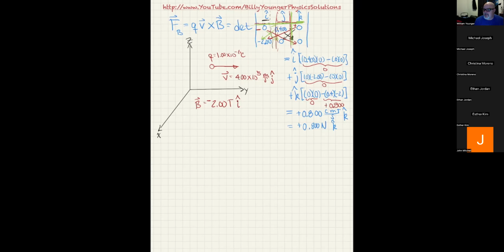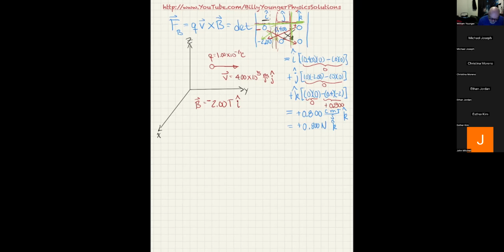So for this simple problem, you didn't necessarily have to do a cross product. You just would know that the cross product would give you the direction by the right-hand rule, and that the magnitude, since Q and V and B are all perpendicular, you just multiply. So let me show you what you might have forgotten.